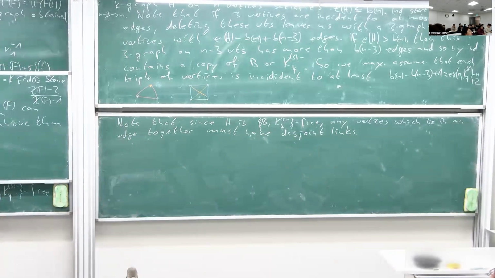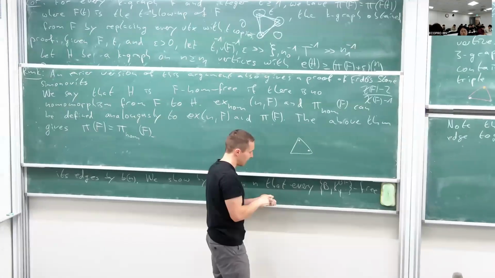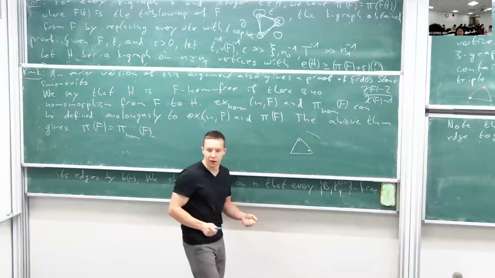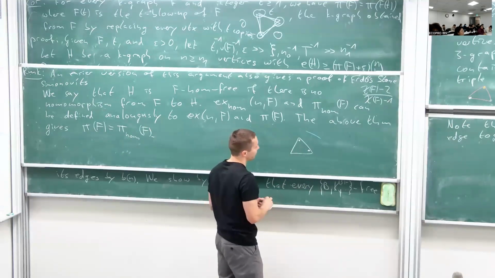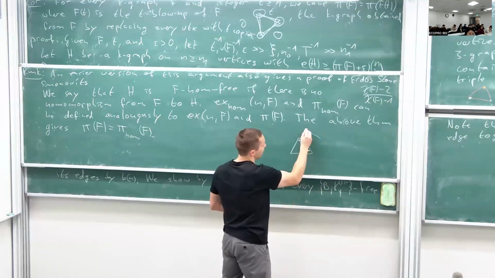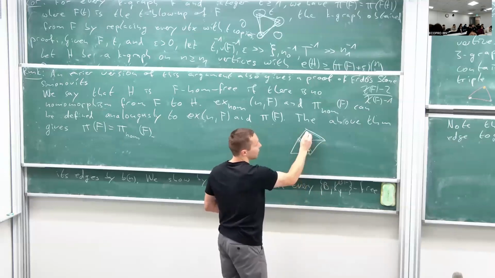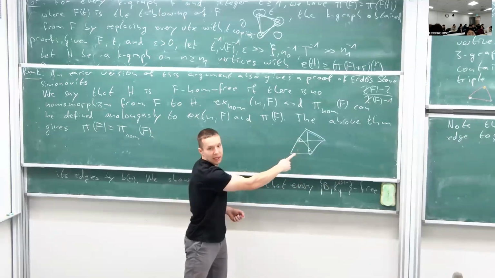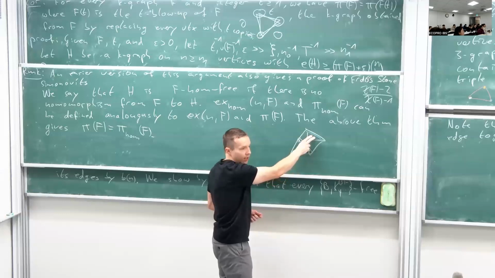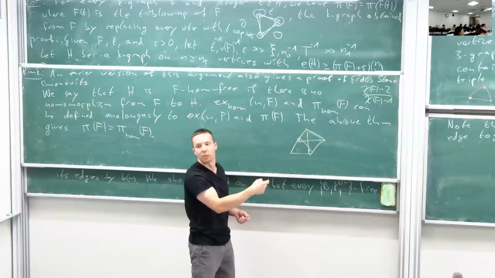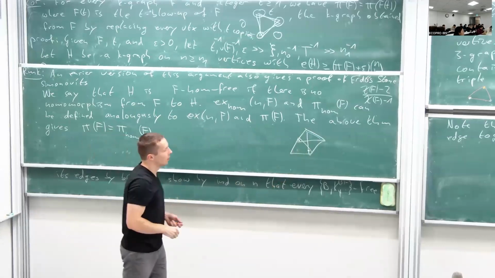We have these vertices which lie in some edge. If you tell me that the links of these, let's denote the links by this blue edge, are not disjoint, then either this is an edge and this is an edge, but this thing is our forbidden configuration. Or maybe the edge that they share in the links contains that vertex, but then there would be a K4 minus. So these must have disjoint links.